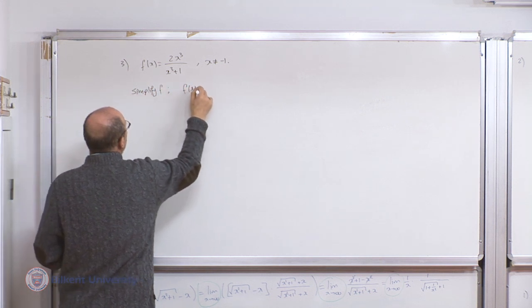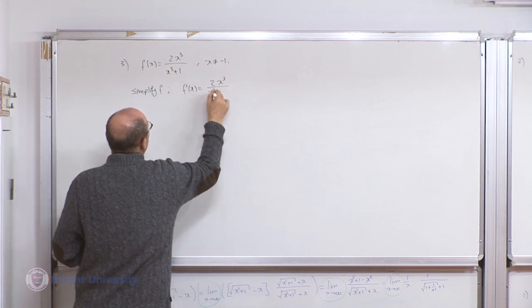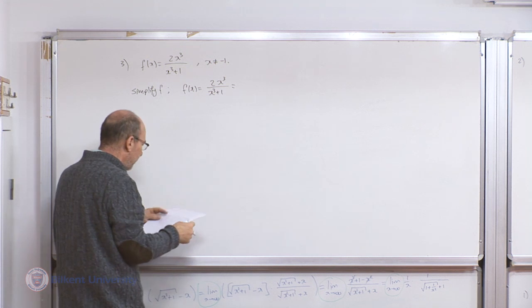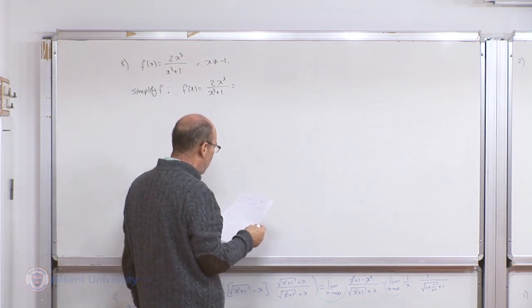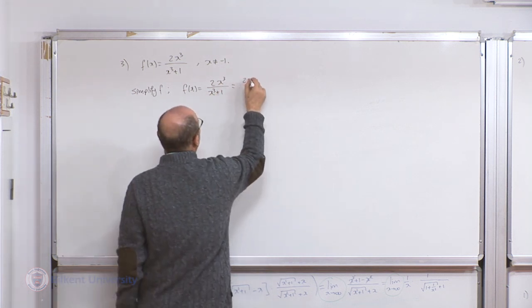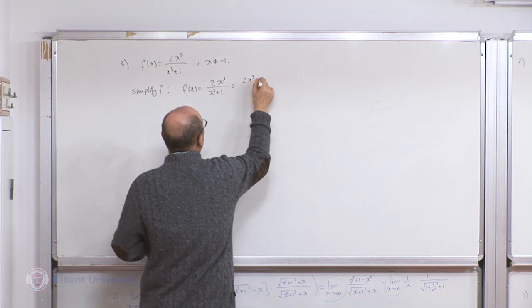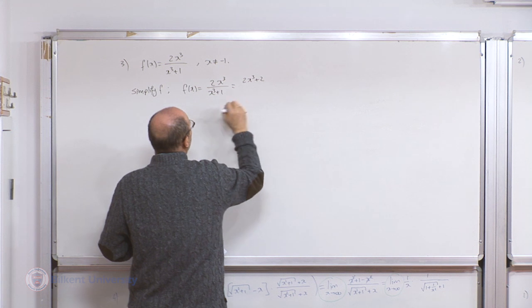f of x is equal to 2x cubed over x cubed plus 1. So I added 2 and subtracted 2, so that this thing is divisible by this and it will give us 2.